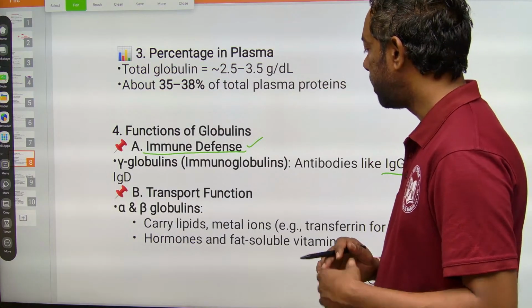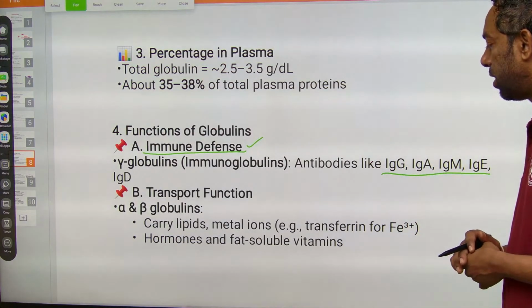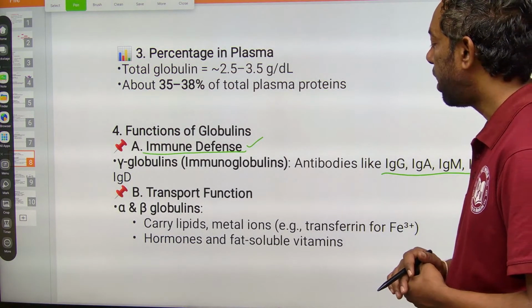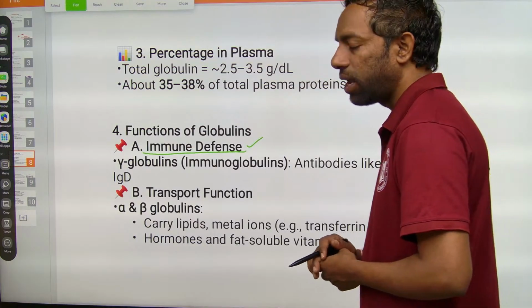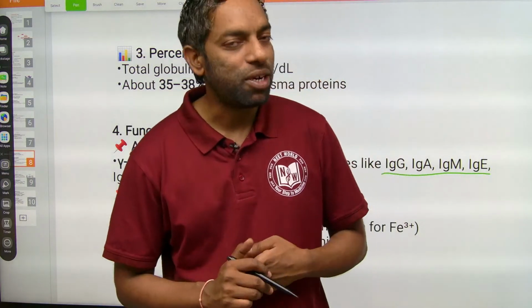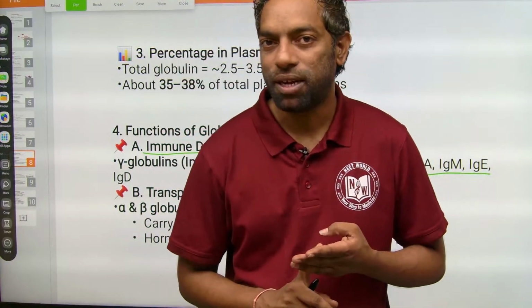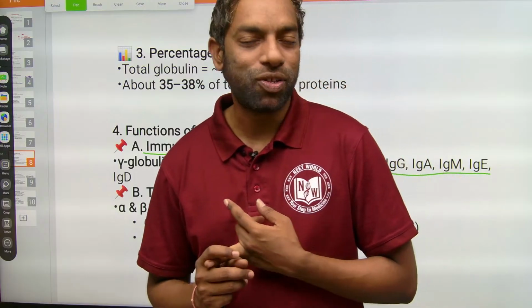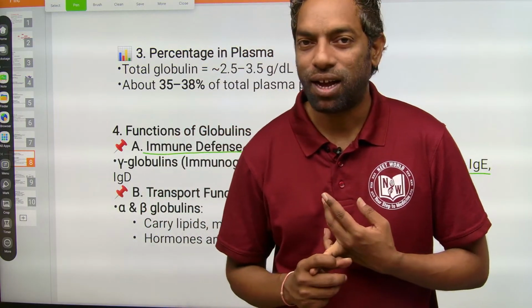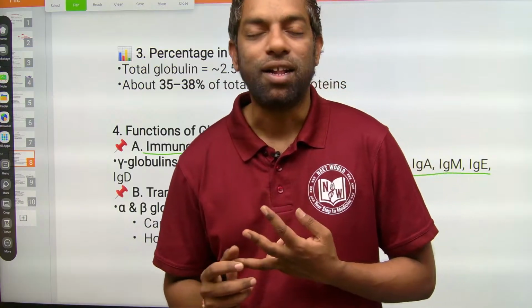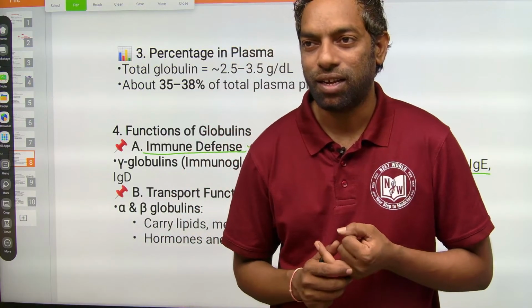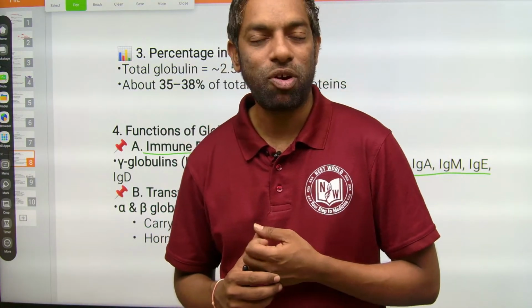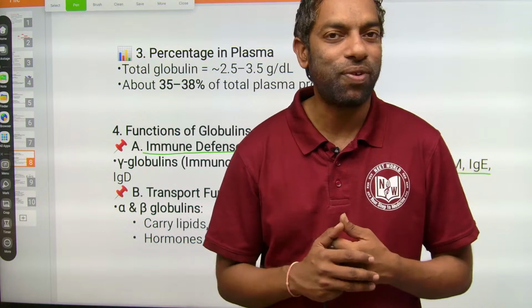They can carry lipids and metal ions, like transfer of iron for hemoglobin. Hormones and fat soluble vitamins they can also carry forward. Globulins are of three types: alpha, beta and gamma. Gamma globulins are the most important of the plasma proteins. They are involved in the immune system as antibodies, like IgE, IgA, IgM and IgD, which come from the plasma itself.